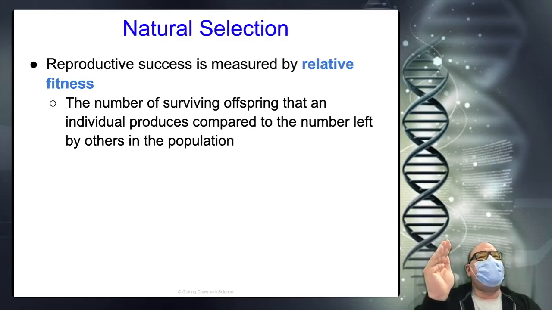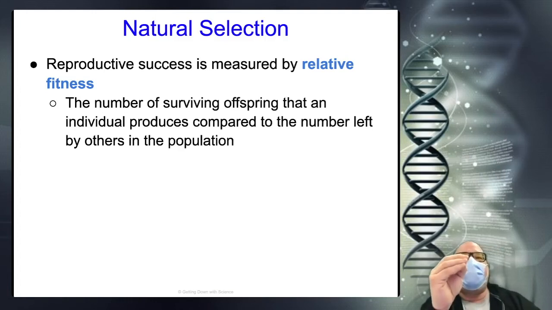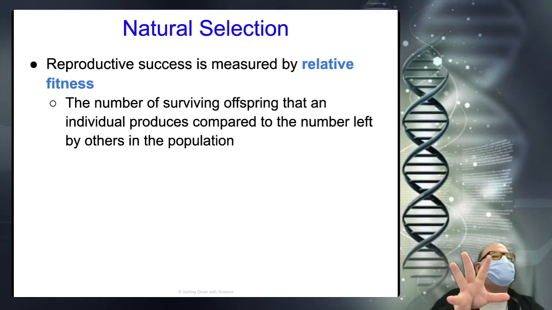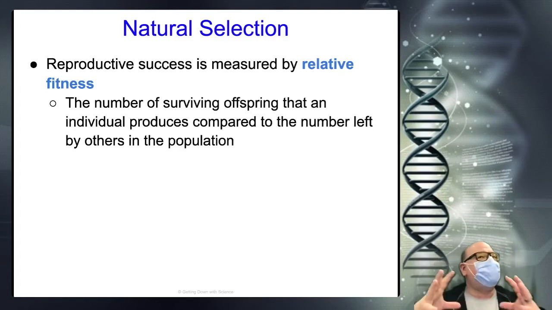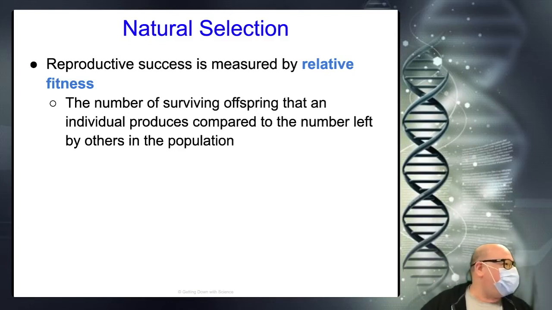Now, that doesn't mean like the number of rabbit babies there are compared to the number of wolves there are. That means the number of rabbit babies there are compared to the rabbits in the next rabbit hole over. Okay?